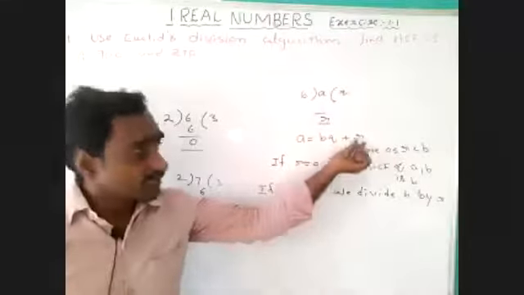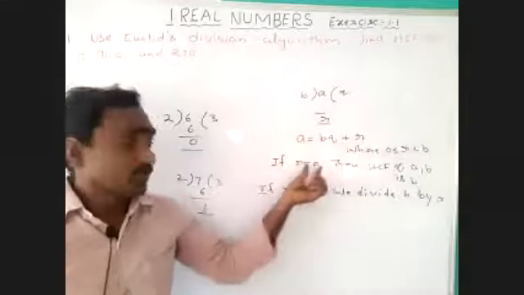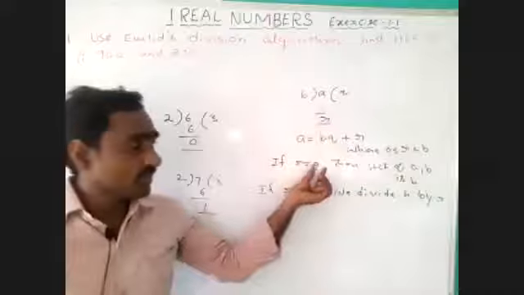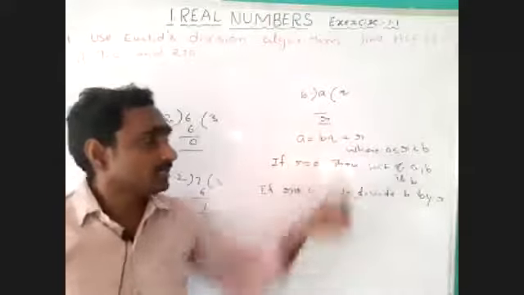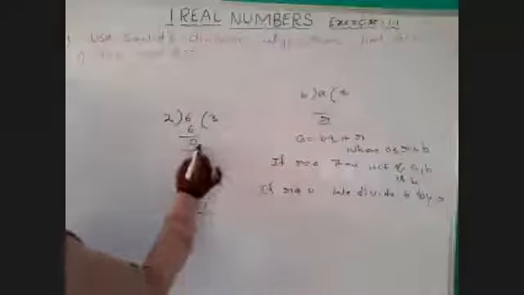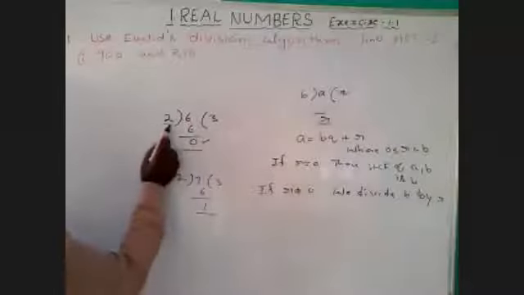If R is equal to 0, then the process stops, which means HCF of A and B is B. Here, if R is equal to 0, therefore 2 is the HCF of 2 and 6.